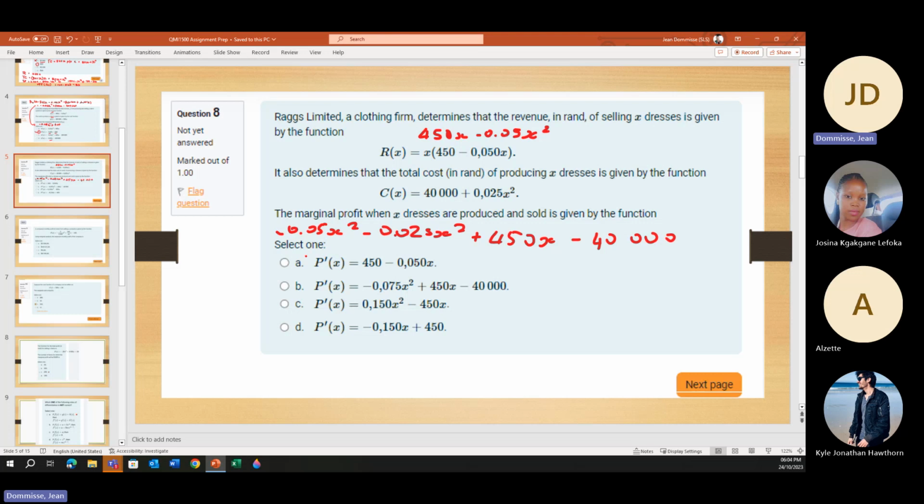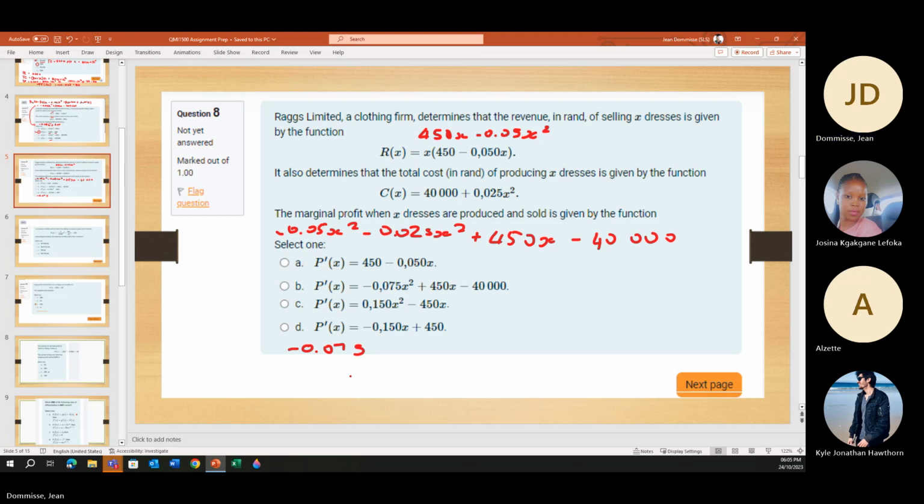Okay, so now I would have gotten 0.075 or minus that.